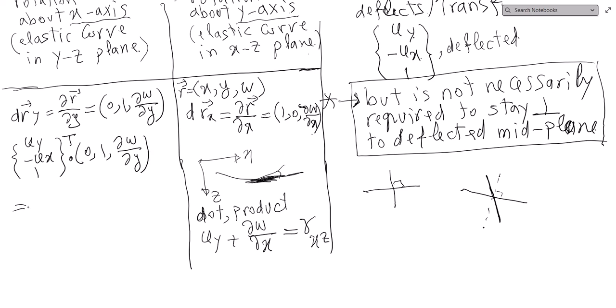The first phi y goes away because this is 0. This becomes minus phi x plus dw dy. Because I am in the yz plane, this becomes gamma yz.